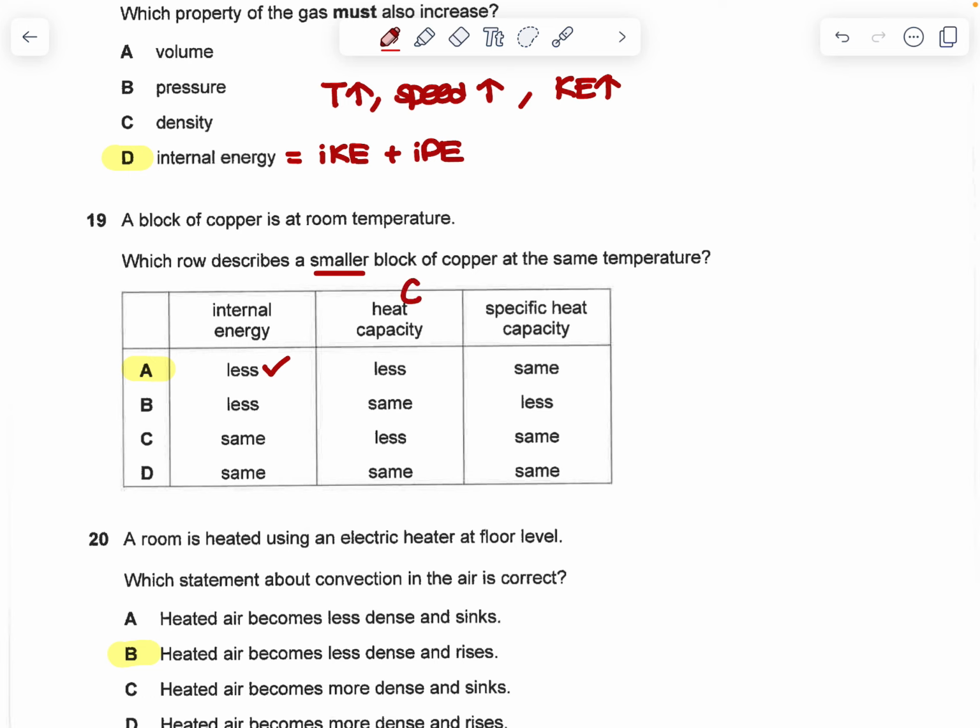We know the formula, big C equals to mc. So it is dependent on mass. So it should be less. Whereas specific heat capacity c is independent of mass. So it should remain the same, but it's dependent on material.